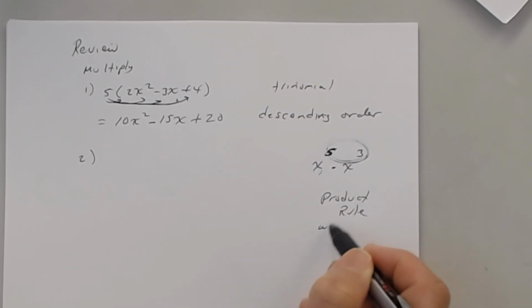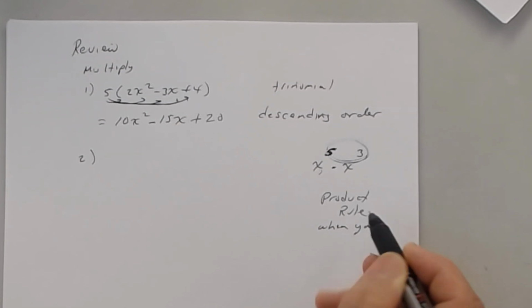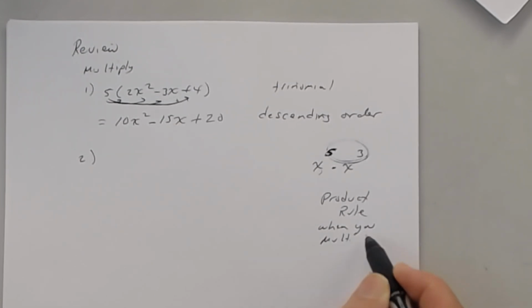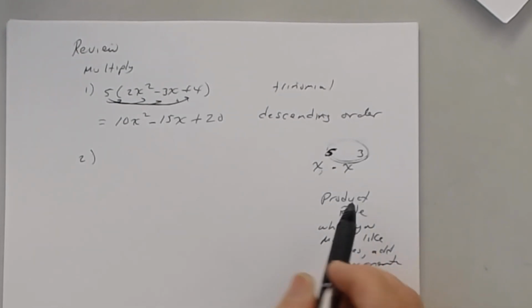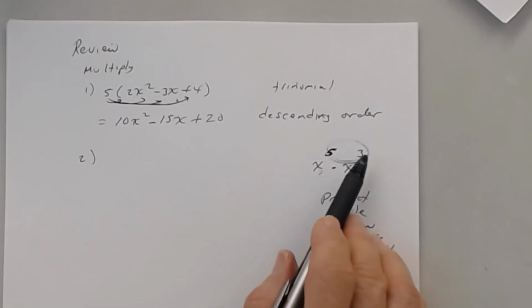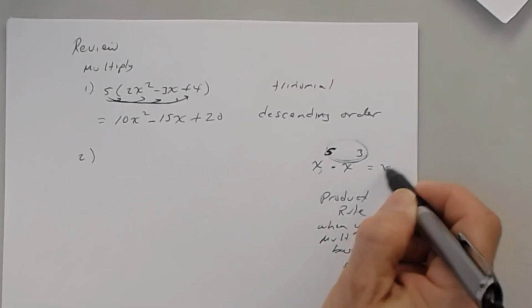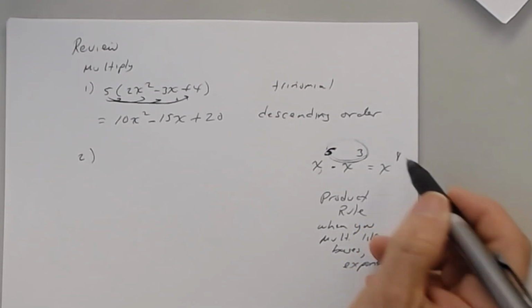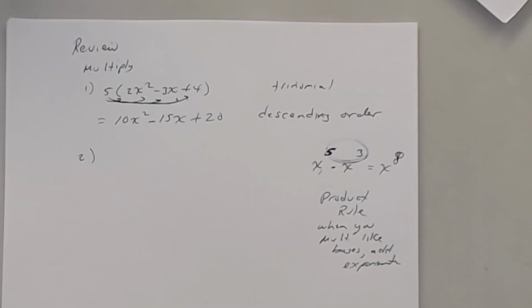When you multiply like bases, you add exponents. So x to the 5th times x to the 3rd is x to what power? The 8th. X to the 8th. So we multiply like bases, you add exponents. It kind of makes sense.